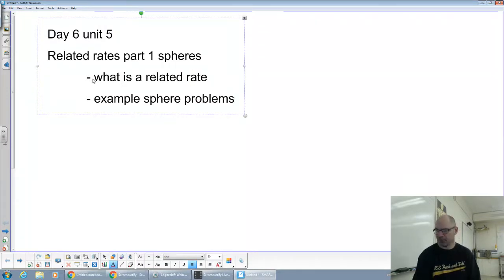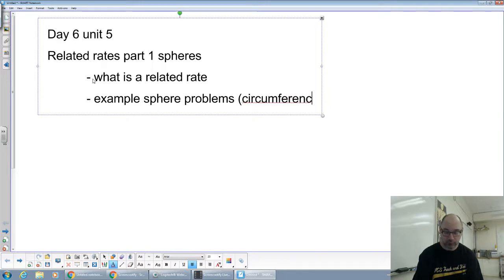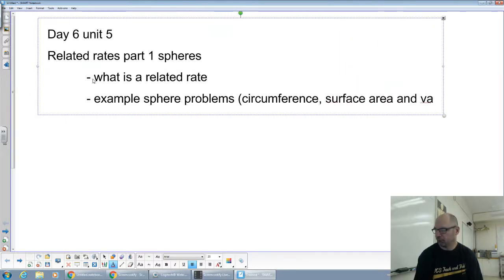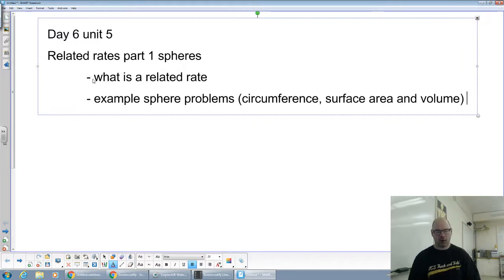In there we'll look at circumference, we'll also look at surface area and volume. And then we'll do some practice either today or tomorrow, depending on how time goes with the course. I only have 4 sphere practice questions. These are not too hard.